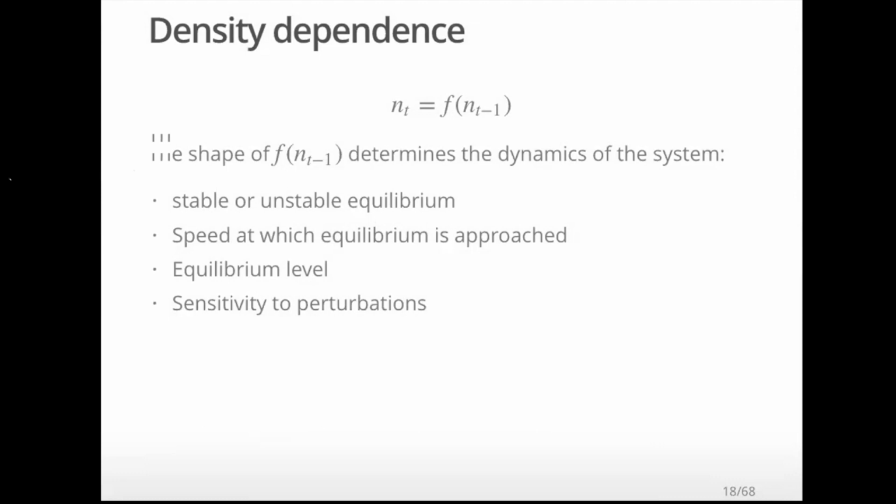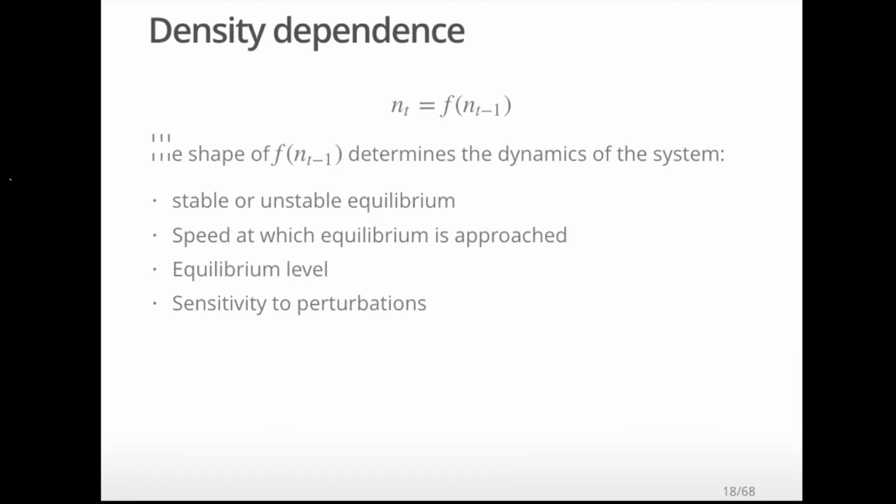So density dependence. In the broadest sense, you can think about density dependence, lag-1. That means density dependence in which the dependency is only to the previous time step. It looks like this simple little equation here. N is the population size, so population size at time t is some function of the population size at t minus 1.